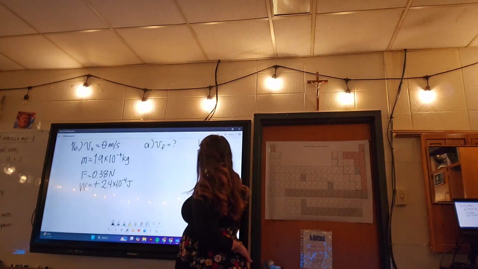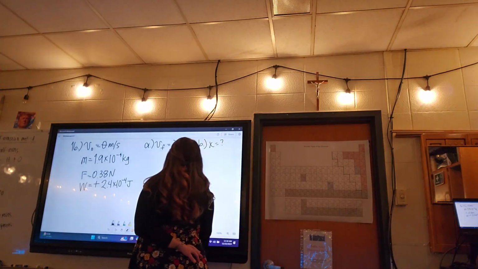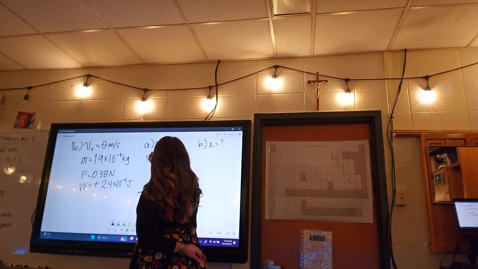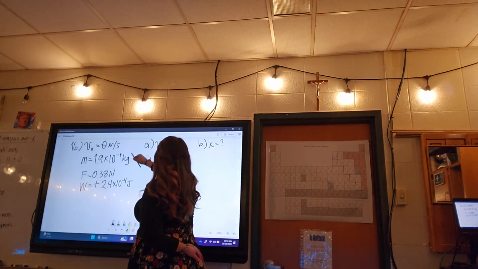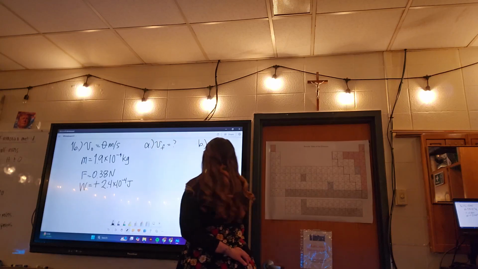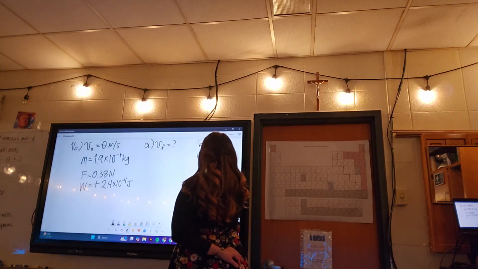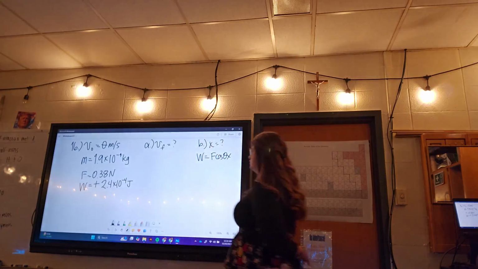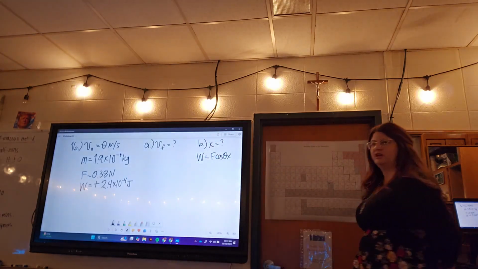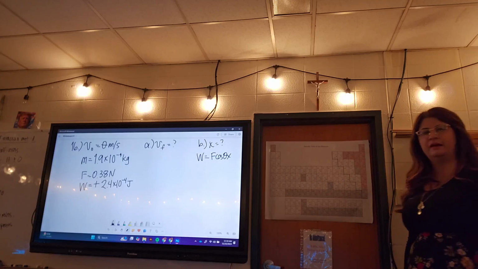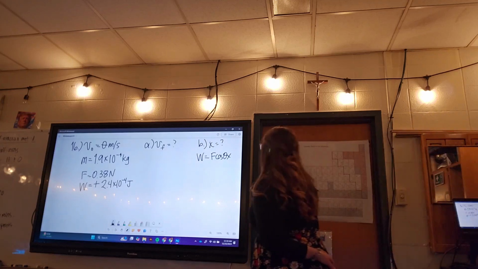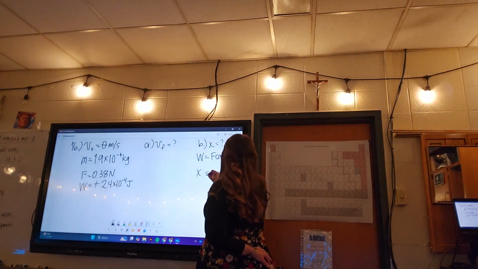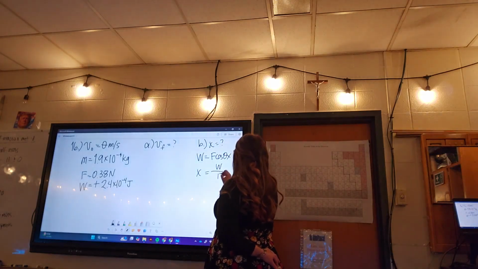Okay, let's see. A couple of things that we know. I think work equals force times cosine theta times x. I think you could actually solve for that first, right? Because you have all the information. You've got work done, you've got a force, and so you can solve for x: W divided by force.